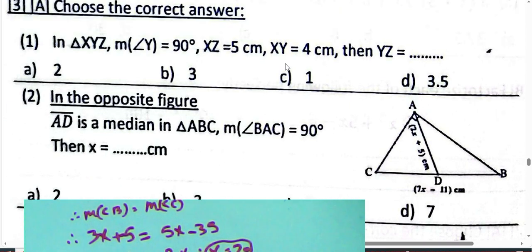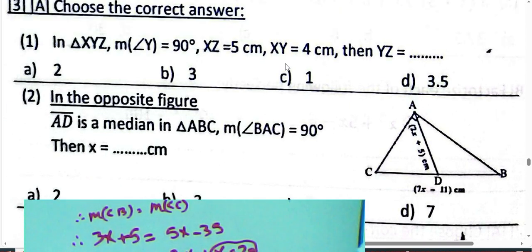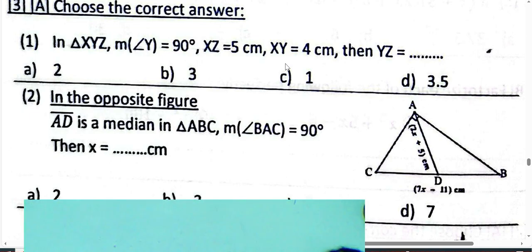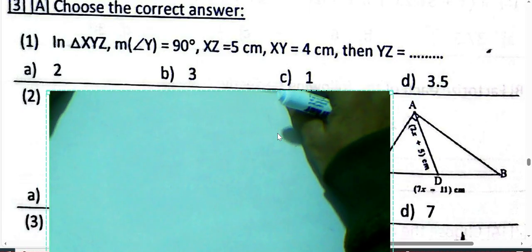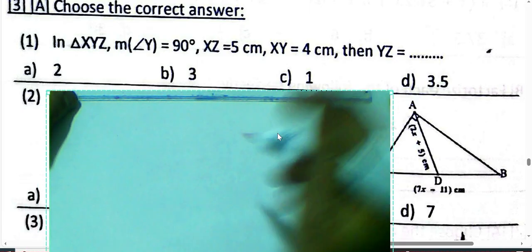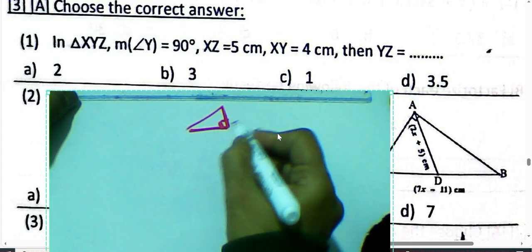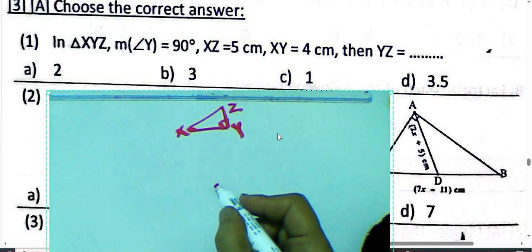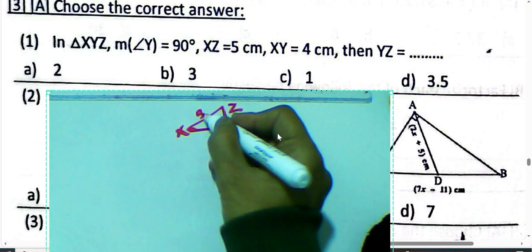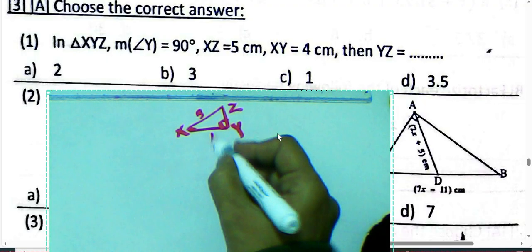Here he wants to find the length of YZ. He gives me a right angle triangle, right angled at Y, like this: X, Y, and Z. Given this information, XZ is 5 centimeters and XY is 4 centimeters.